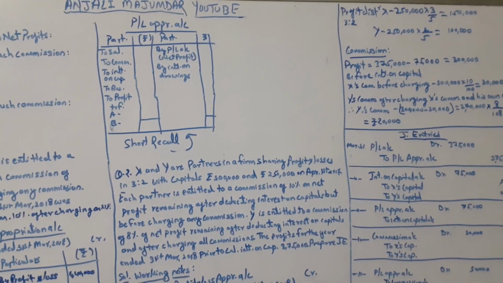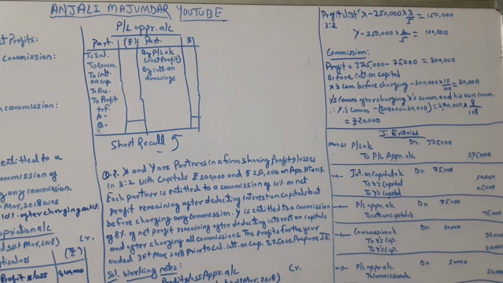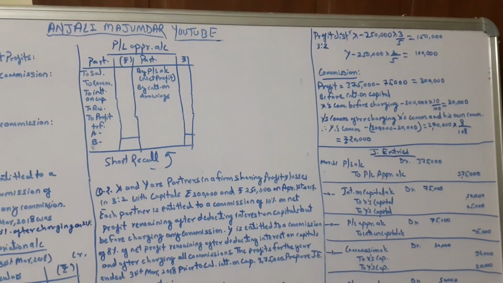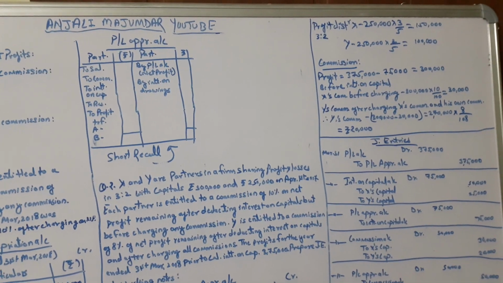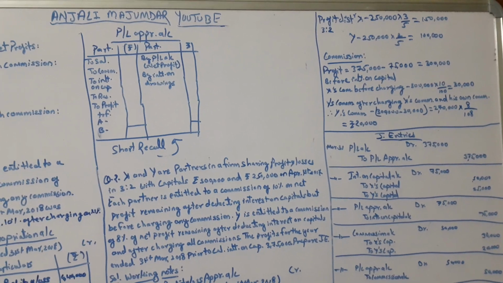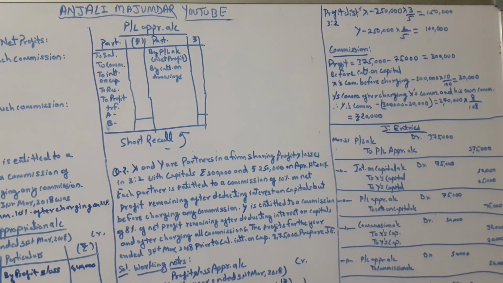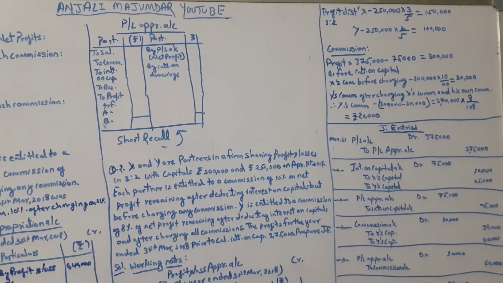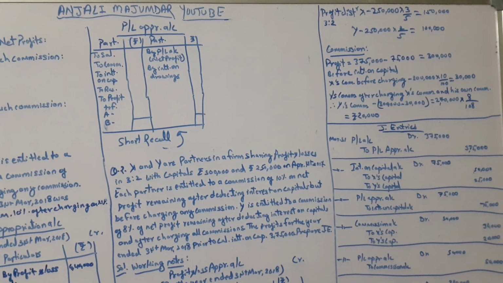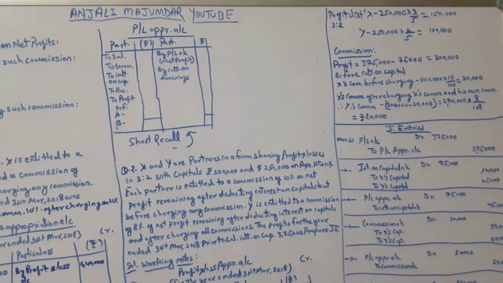Already we have calculated that. Then after that, X's commission is before charging. So the before charging formula is amount of profit into rate upon 100, and vice versa, after charging. So the formula goes: amount of profit into rate upon 100 plus rate, and the rate of commission is 8. Therefore 8 upon 100 plus 8, which is 108.